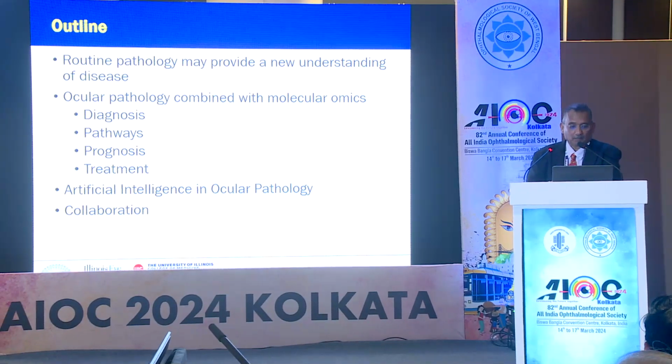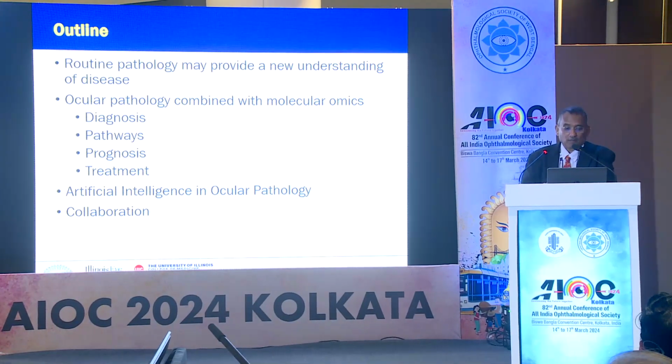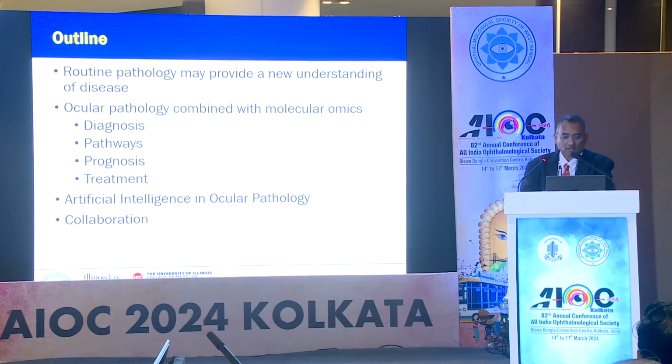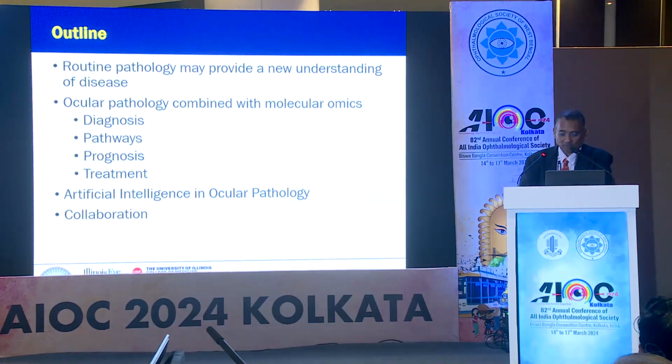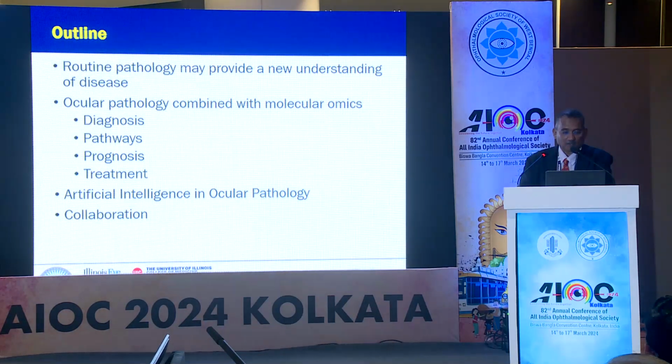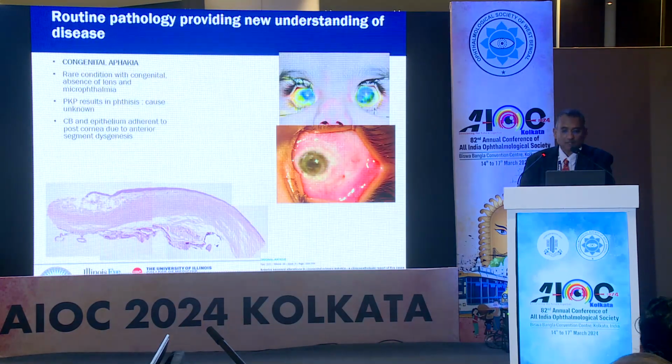Briefly talk about artificial intelligence and ocular pathology, and then end with a shout out for all ocular pathologists and oncologists to collaborate and come up with new information in the field of oncology and ocular pathology.